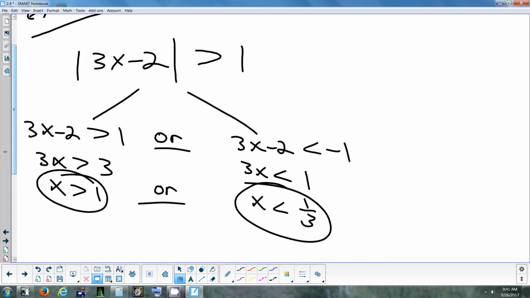Any questions on how you would graph it? Just type what's on the left in y1, put what's on the right in y2, and then you're going to get a V shape. And in this case, you would look for where the V shape is above 1. So it would be something like that, and you would get this number in that way, and that number in that way.